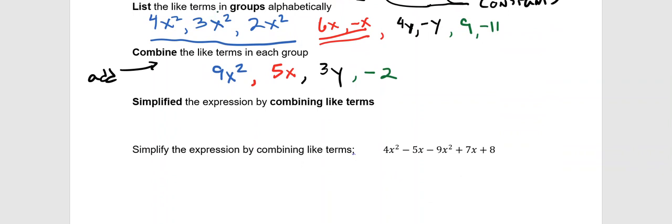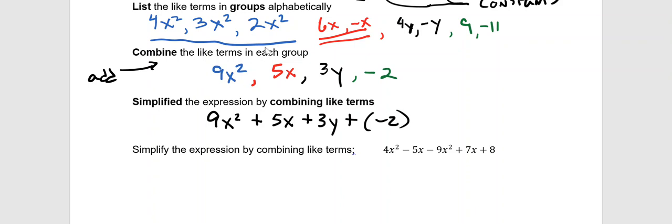The final expression would be the 9x squared, and since combining is adding, plus positive 5x plus combined with positive 3y. And here, instead of saying plus negative 2, I want to clean that up.